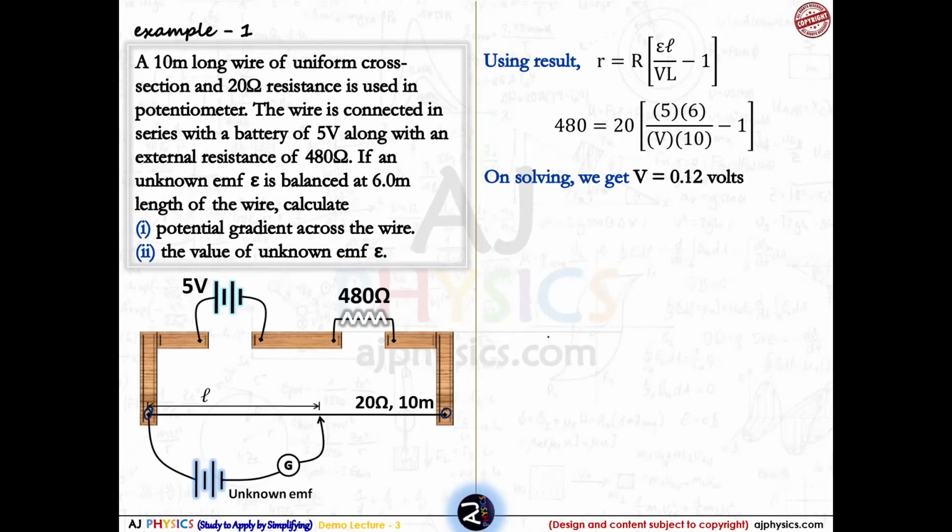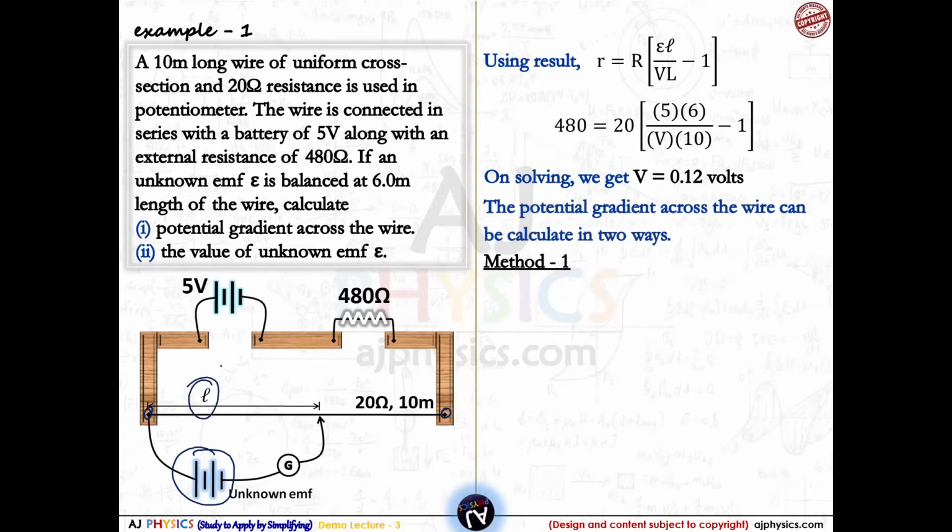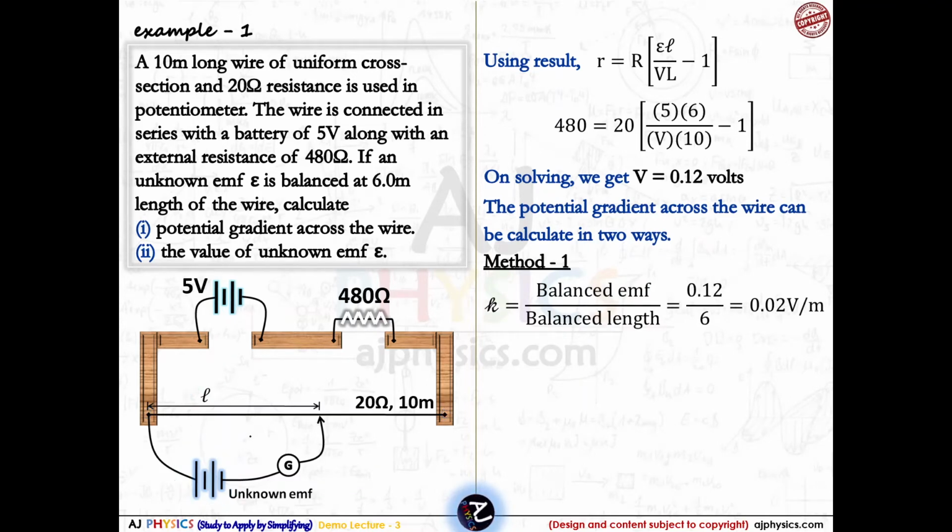I have two methods, whichever you feel easy you can use. In the first method we use this voltage and the balance length, so we can calculate the potential gradient directly. So this is the balanced EMF which I told you.